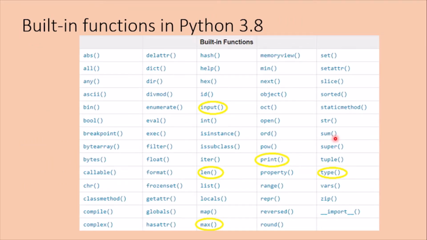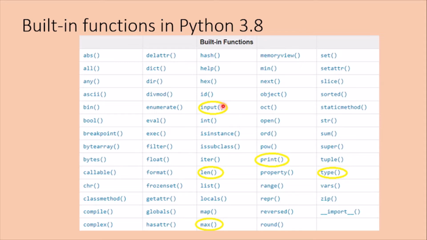Now, there are some built-in functions in Python, some of which we are already familiar with. We have used them in our previous sessions. For example, print, type, len, max, input. These are called built-in functions in Python.